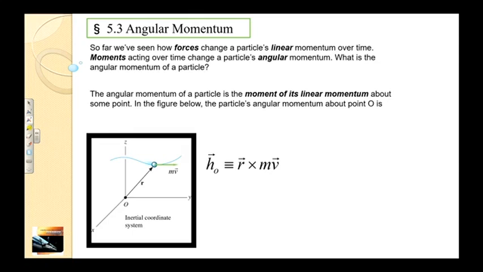So, the time derivative of my angular momentum, d by dt, h0. When I take the time derivative, I got to take the derivative of the first piece times the second, plus the derivative of the second piece times the first. It's a product rule. So when I do that, derivative of the first piece, r vector dot cross m v, plus derivative of the second piece times the first, r cross m v dot.